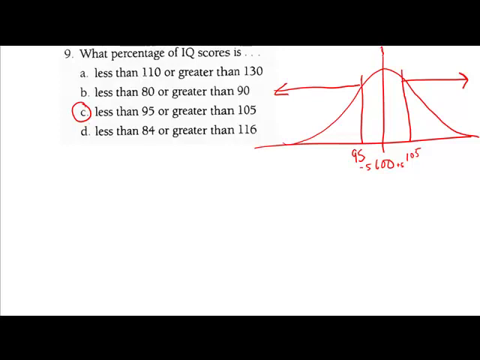In your mind, take the center line and fold my crude drawing over on top of itself, and we should be finding the exact same area for -5 and +5. So let's go ahead and do the math and prove it. 95 minus 100 divided by 16, -5 divided by 16. Consult my calculator, 0.3125.